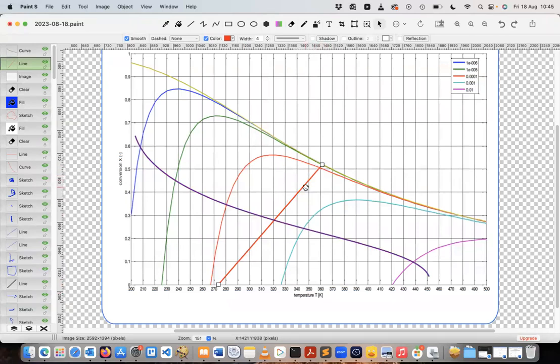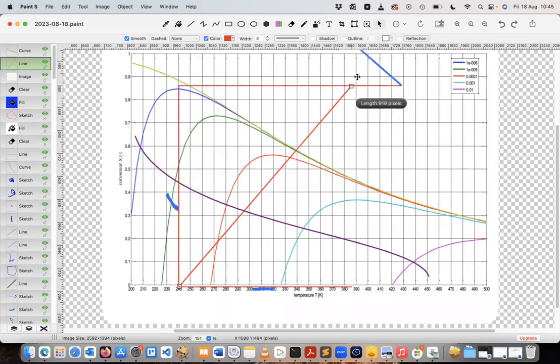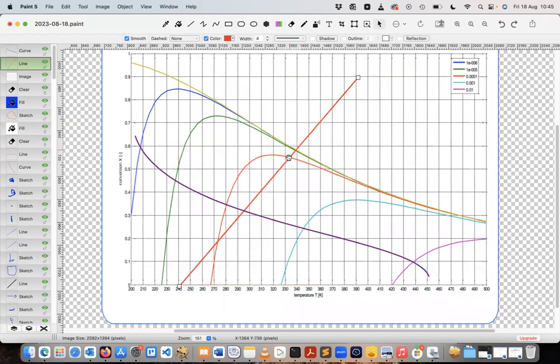And what we can do is move this line around, right? We can imagine the case where we are using a different inlet condition, then that's going to define for us a different equilibrium temperature. So let's just extend it. So we can mark off different points along this plane, and that tells us the equilibrium points that we have.